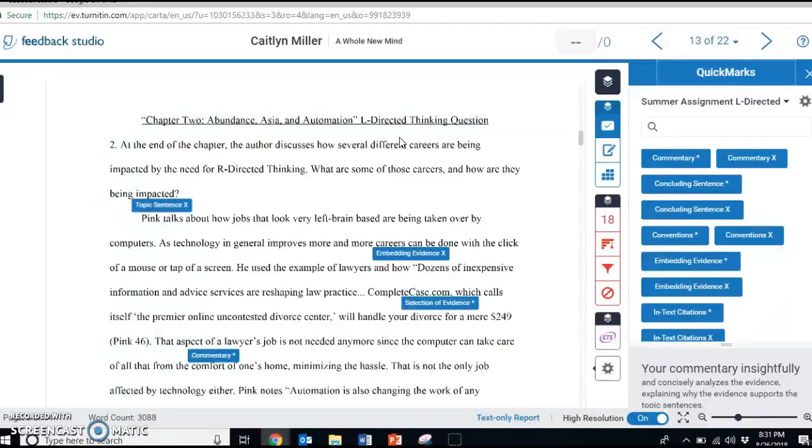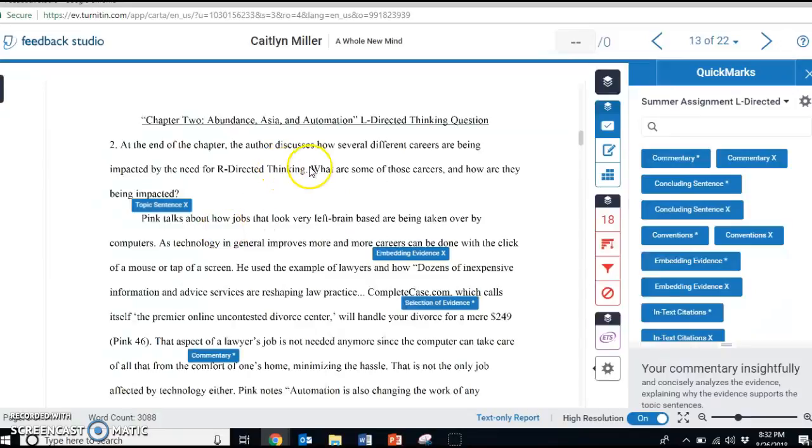So the first thing I look for in your L-directed paragraphs is a strong topic sentence, which we want to concisely answer the question that's been provided. I think you had a topic sentence that alluded to the question, like you didn't just barf up the exact wording, but I would have liked to see in several of your topic sentences a little more specific answer.